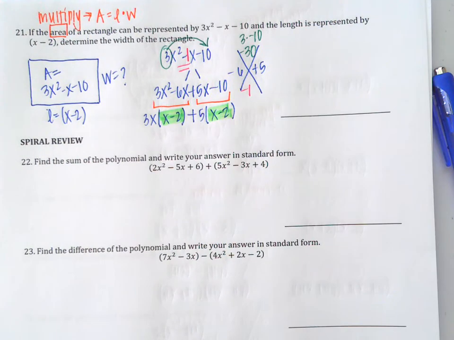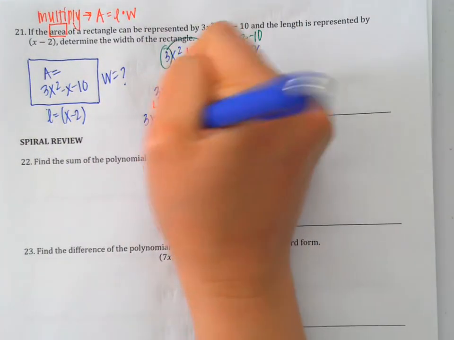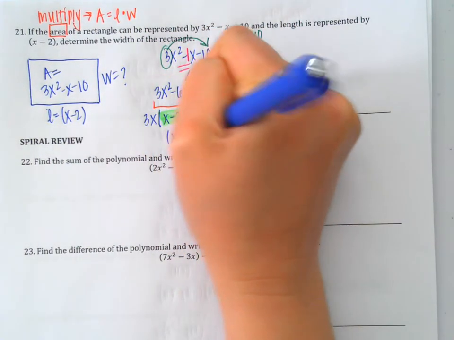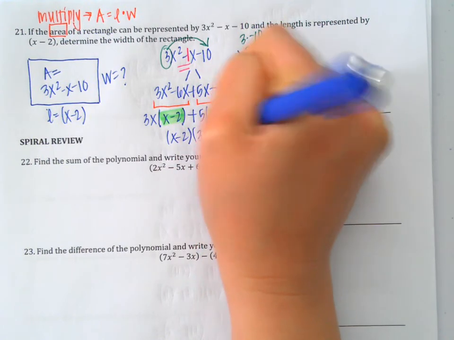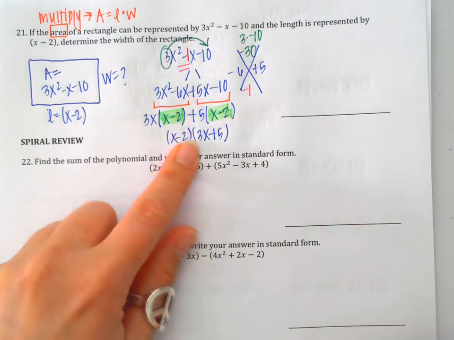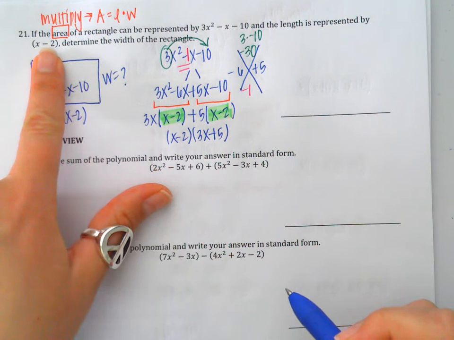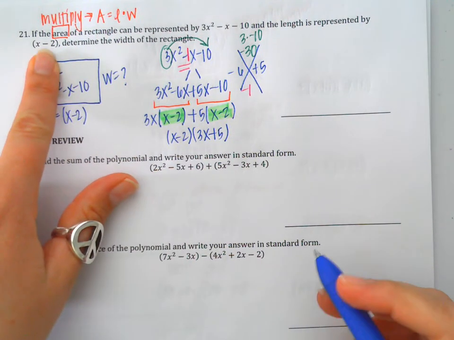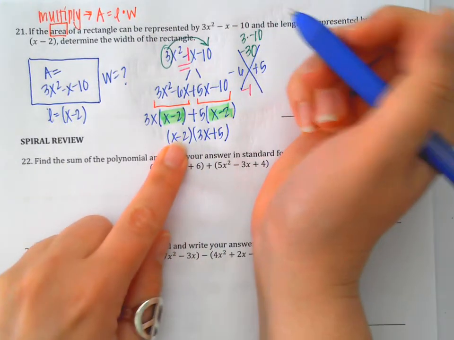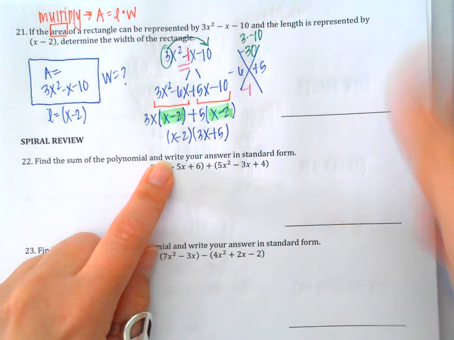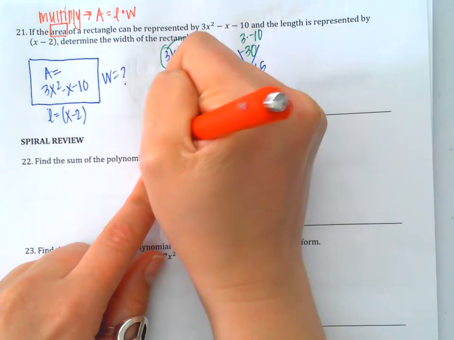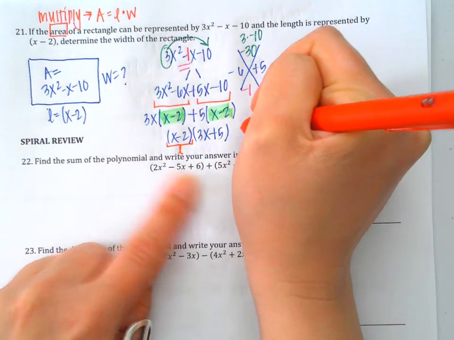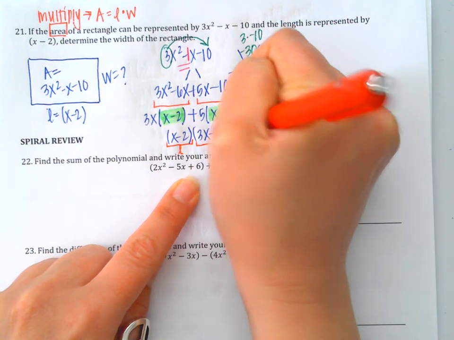Yes, they are. So that's one of them, and my other one is 3x plus 5. So we go back to the question. It says the length is represented by x minus 2, which is one that we have. We know that this is my length, so that means this must be my width.